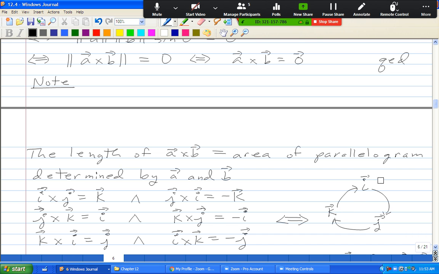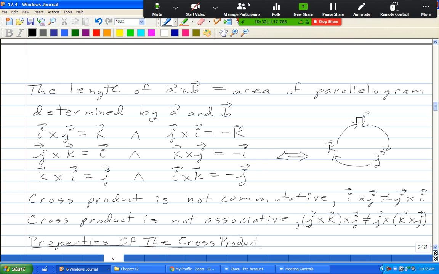And K cross I is J, and I cross K is, again, going across the opposite the arrow, minus J. So you can look at the above diagram, and it tells you the relationship of the cross product of the standard bases.